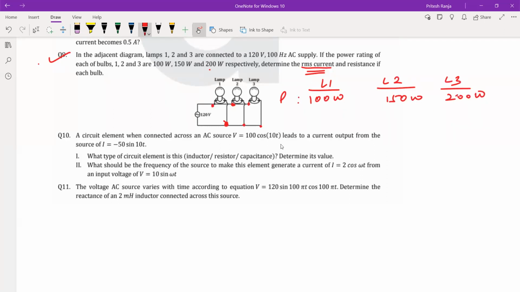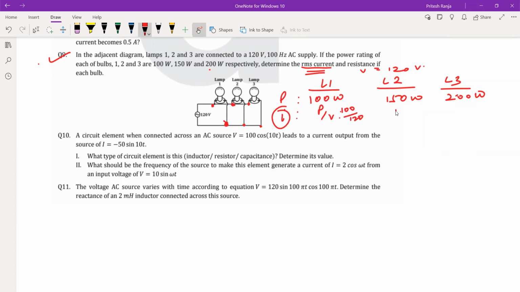How can we find out the current? We have the voltage, right? Voltage across each one of them is 120 volt. So we could use P is equal to V square by R, but R is not known here, so we use P is equal to V into I. In each case we get I using P by V. So we just do 100 by 120, we get the RMS current.